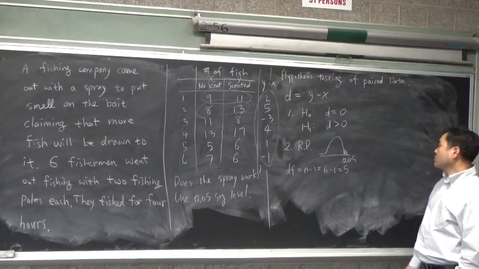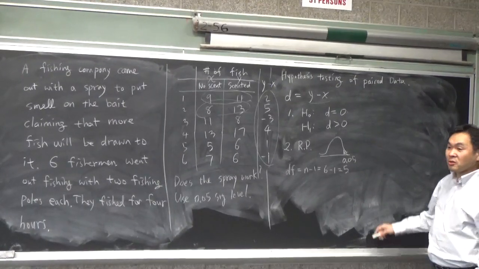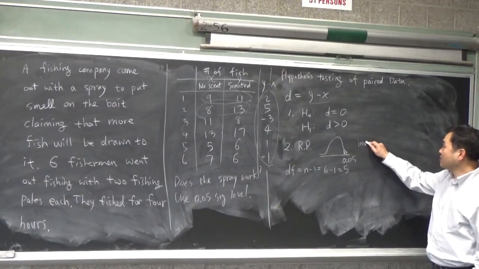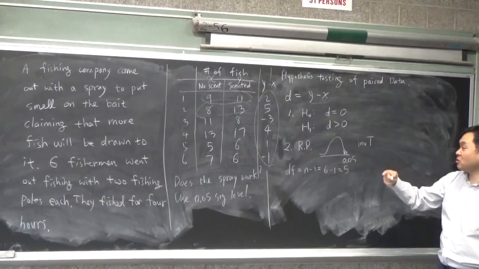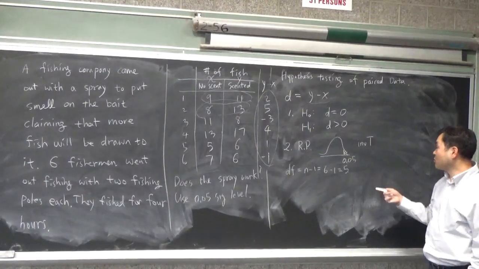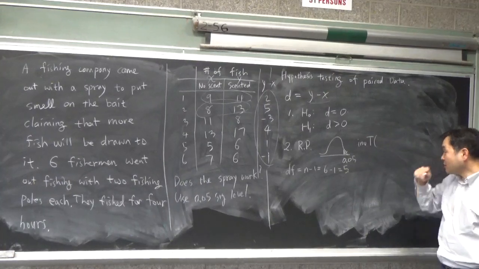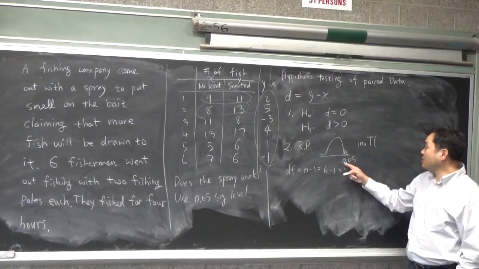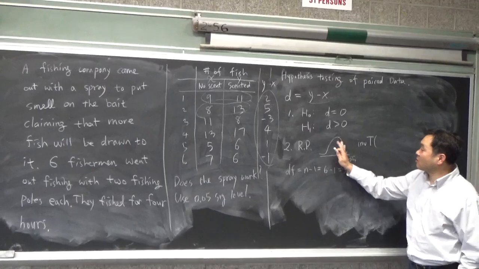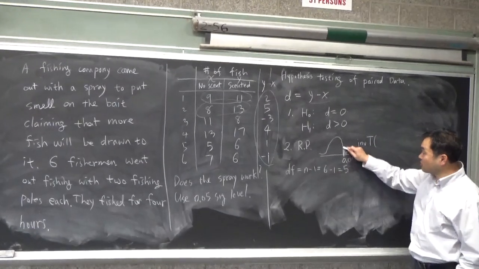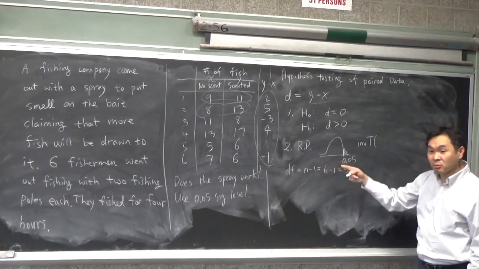Okay? So now what you need to do is you have to do inverse T. Just like we had to use inverse norm, now we have to use inverse T. And for the inverse T, you don't feed in 0.05, you feed in the area left of your rejection region, the boundary of the rejection region. So 0.95.